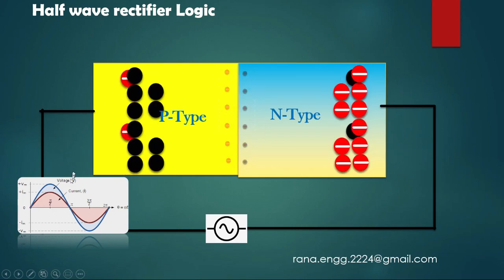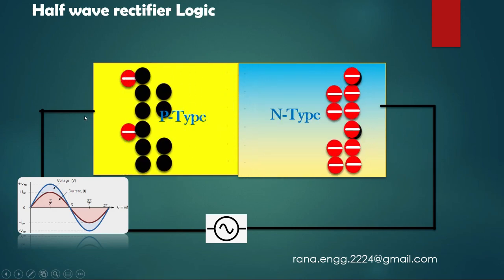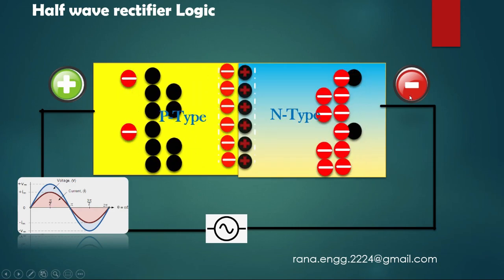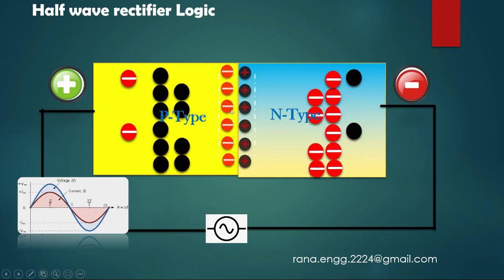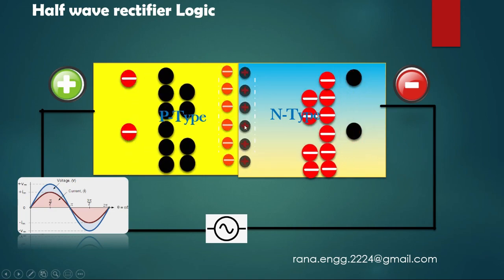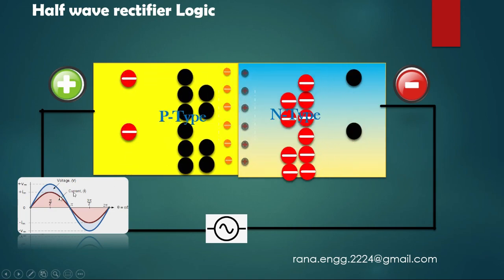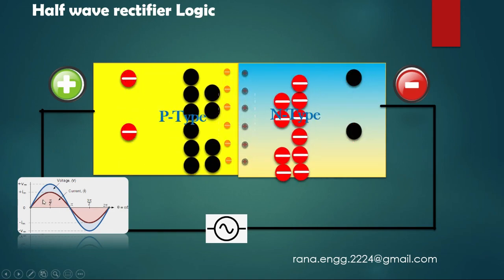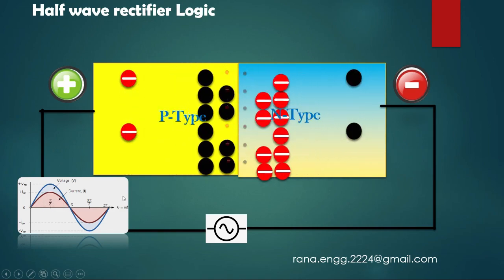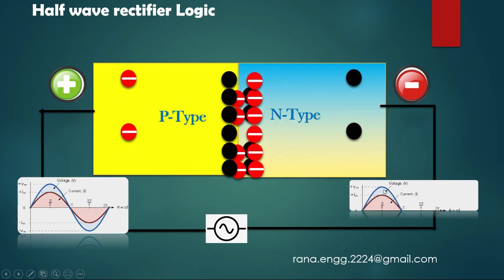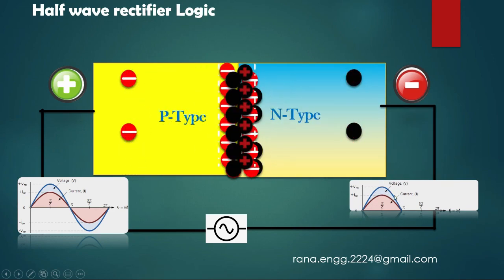For 0 to pi, the left side p type becomes positive and the right side becomes negative, making this diode in forward bias condition. So when it is in forward bias condition, diode conducts. The same input available at the input side will appear at the output. Half waveform we get because of this first cycle.